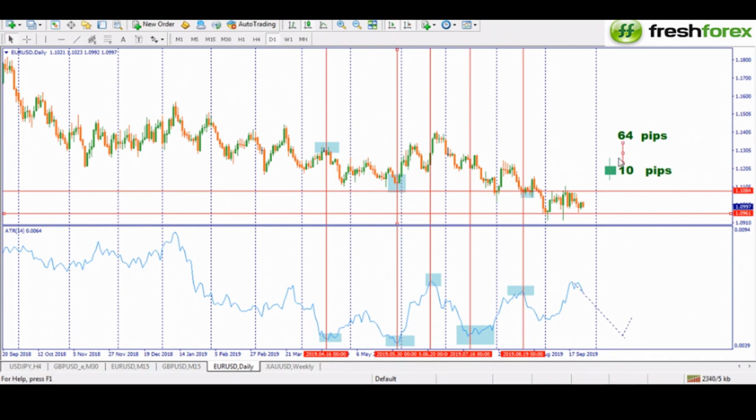So if the price has already gone above 64, or has done around 60, you can confidently get out, because you know that the number of pips you're supposed to pick in a day has already been reached. So there's no need for holding. That means this is what we'll earn: we'll earn 54 pips.